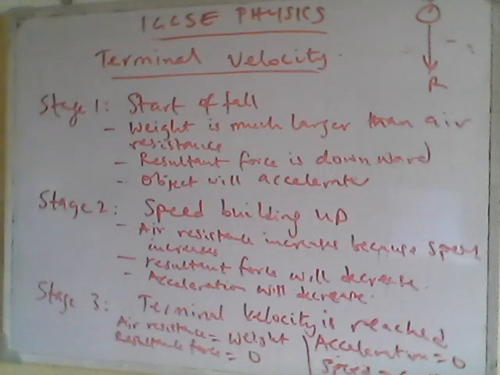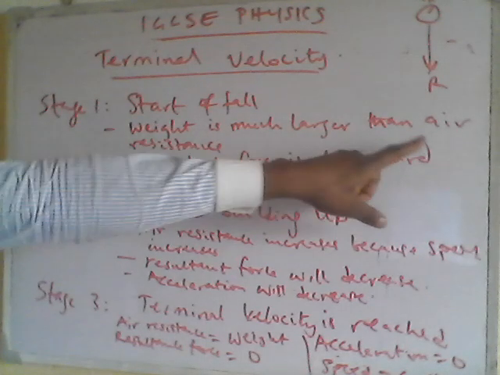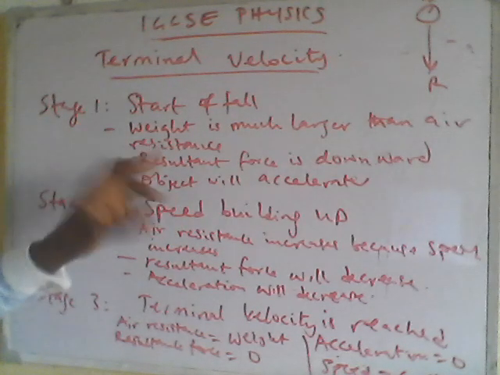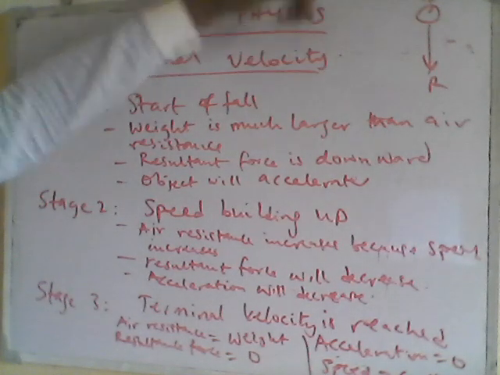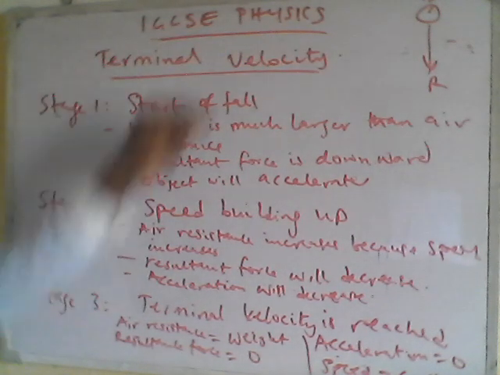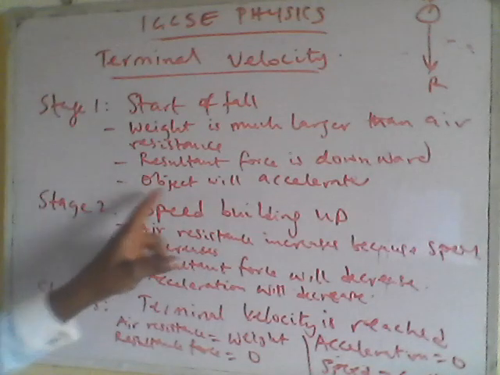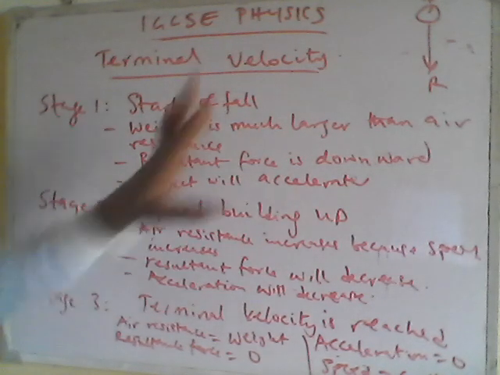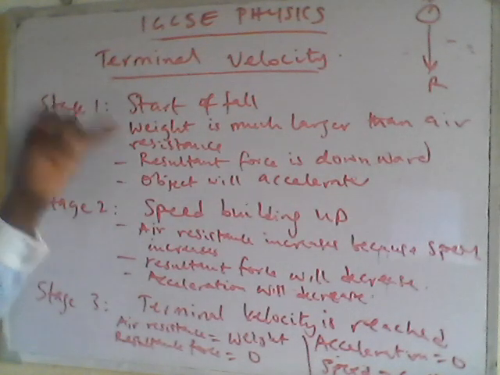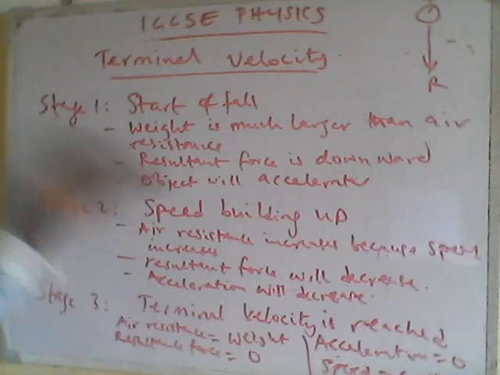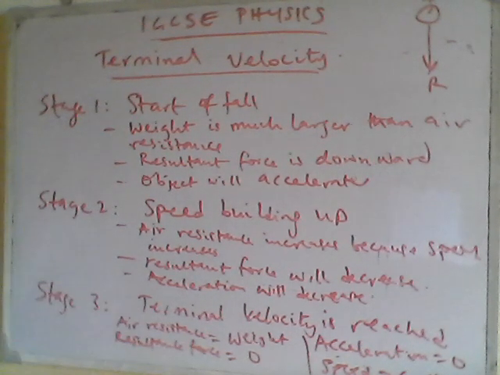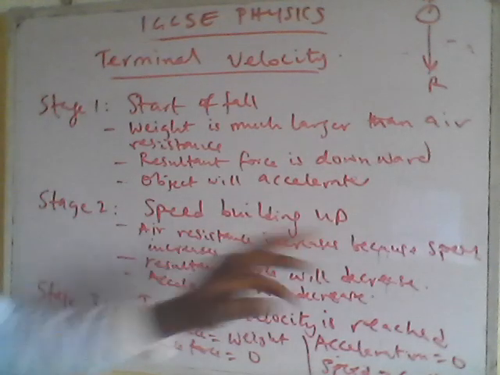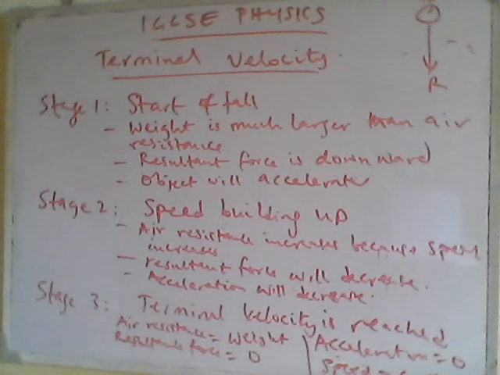Start of the fall, first of all, the weight is much larger than the air resistance. So when the body is released to start falling, the weight is larger than the air resistance. But as it's going down, the object will begin to accelerate. That's the start of the fall. So three things: weight is larger than the air resistance, resultant force is going downwards, the object will accelerate. Then, as it builds up speed, air resistance increases because speed is increasing.